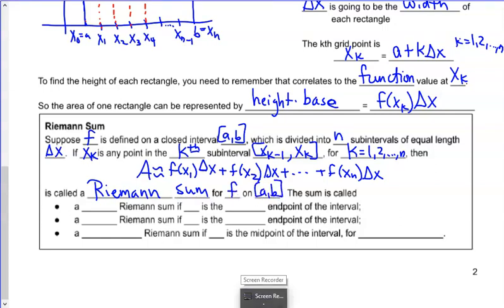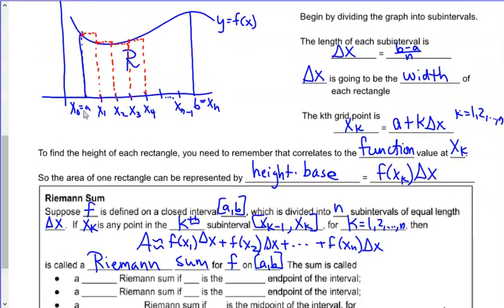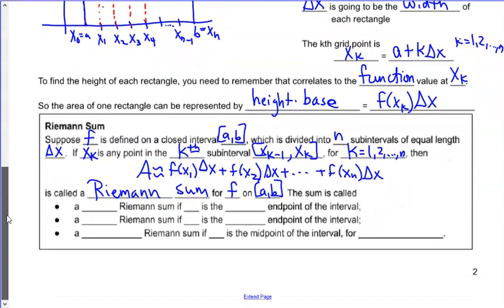Now, here's why I told you not to get too caught up on these x sub 1s always starting here, because that could be x sub 0, if I'm using a left-hand rectangle created by starting here. So don't get too caught up on the subscripts. If I have a left Riemann sum, that is if x sub k is the left endpoint of the interval.